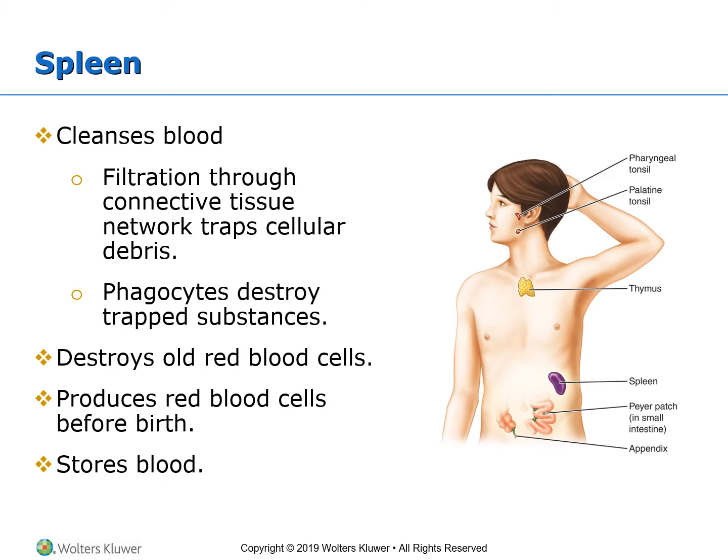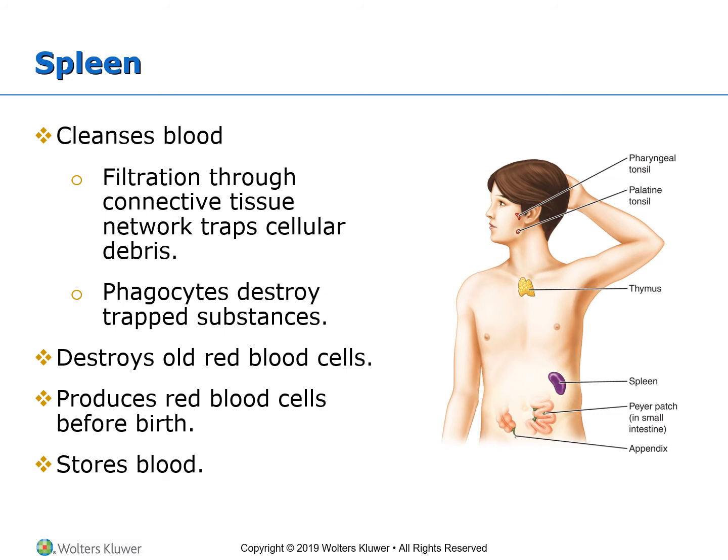On the outside, the spleen has a capsule that is elastic. That elasticity allows the capsule to contract and push on the spleen tissue to expel red blood cells when needed. This contraction is the result of involuntary muscle.